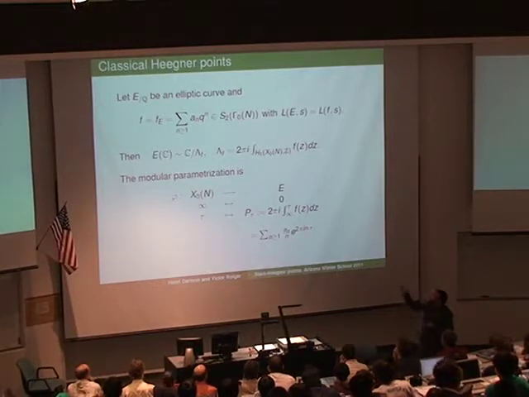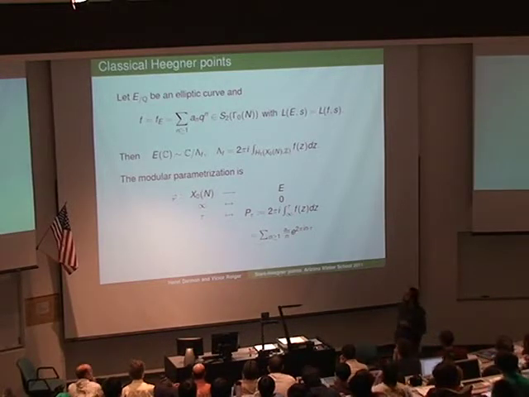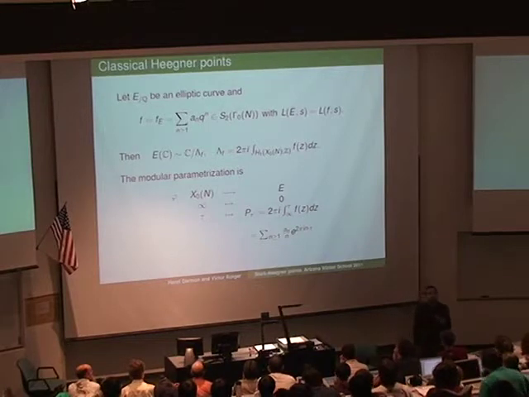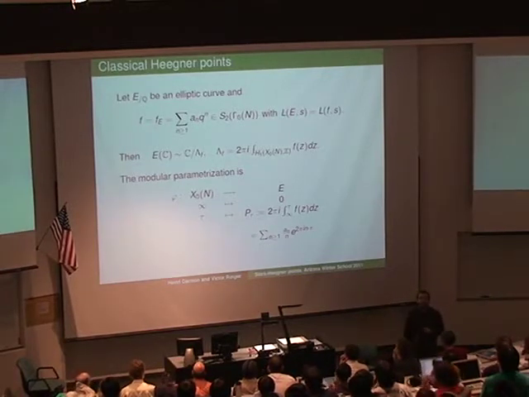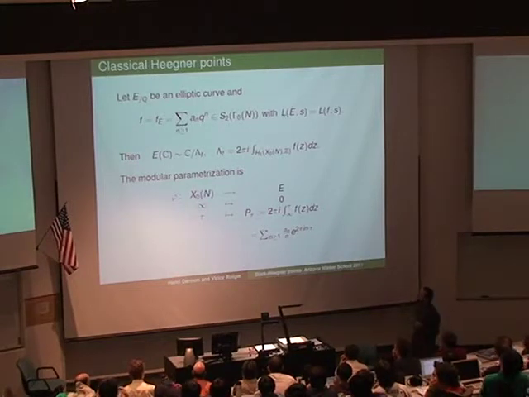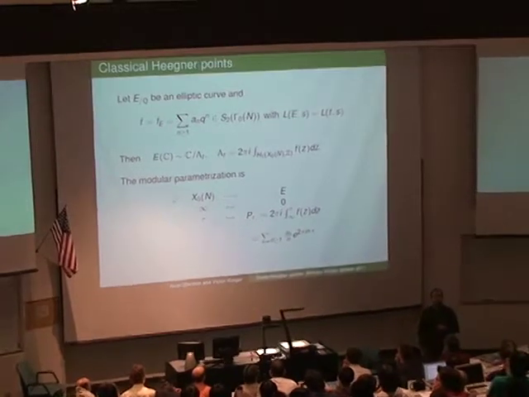This map sends, for instance, the cusp at infinity, what Rob was calling i infinity, to the zero element of the elliptic curve. And any element tau in the upper half plane, or cusp, you map to what I will be calling phi(tau). This is just integrating as Rob was doing before.